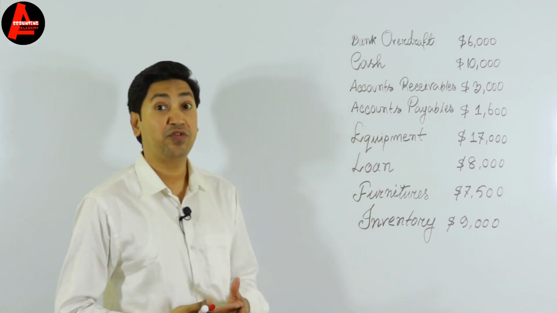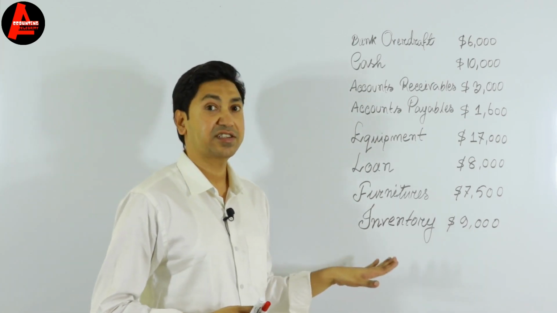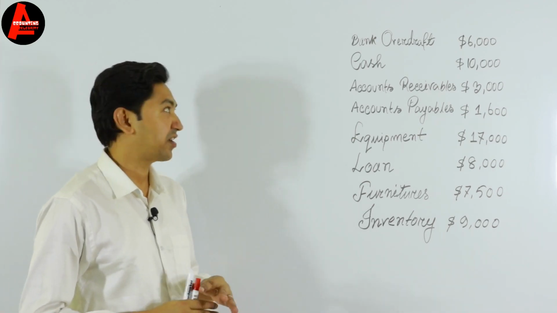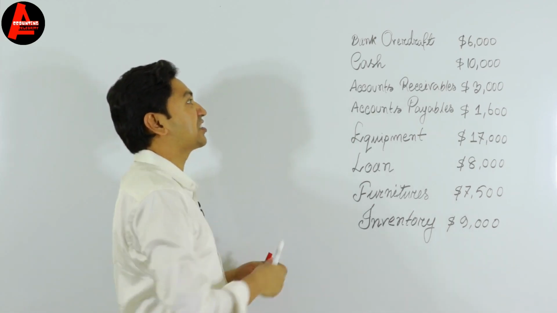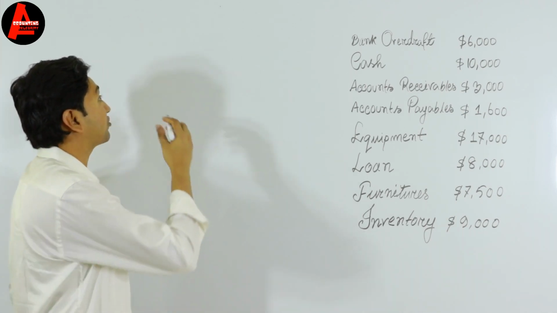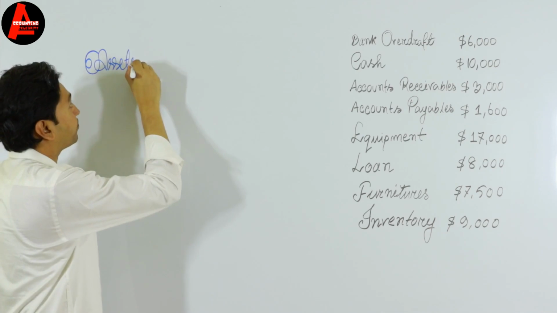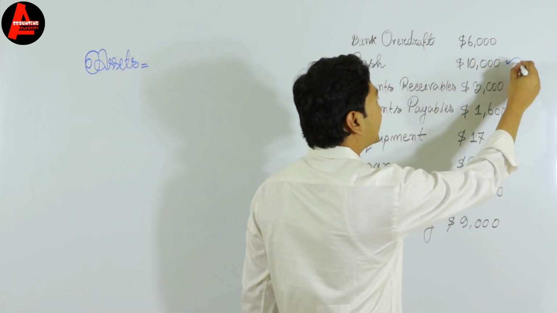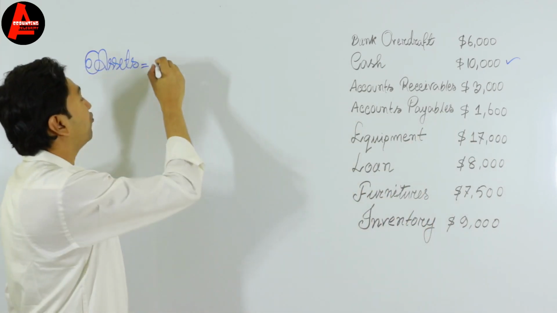First of all, we will find out our assets from here. So bank overdraft, no, it is not an asset. So here cash, it is an asset. Okay, so let us write here assets equal to, so here cash is $10,000.